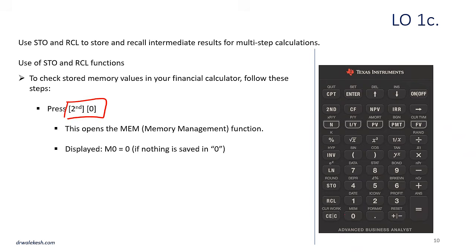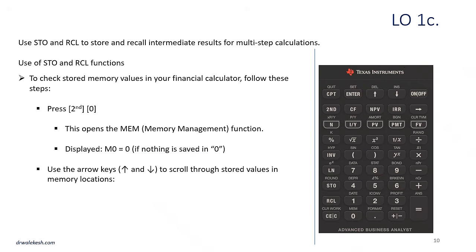Upon pressing these 2 keys, you will have displayed on the face of your financial calculator, M0 is equal to 0. And it will be equal to 0 if you have nothing saved in 0. But if you have something saved in 0, then that number would be A. You can use the arrow keys, the arrow pointing upwards and the one pointing downwards, to move through stored values in memory locations.